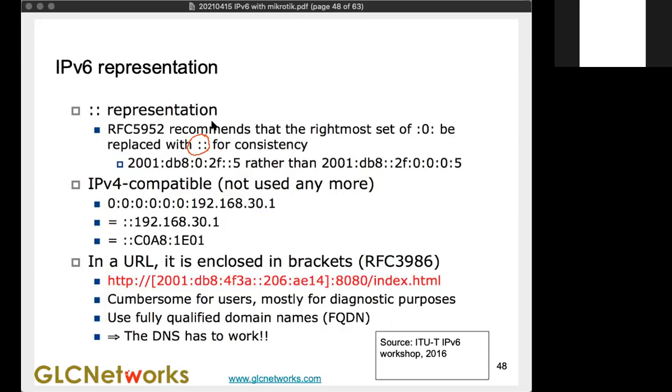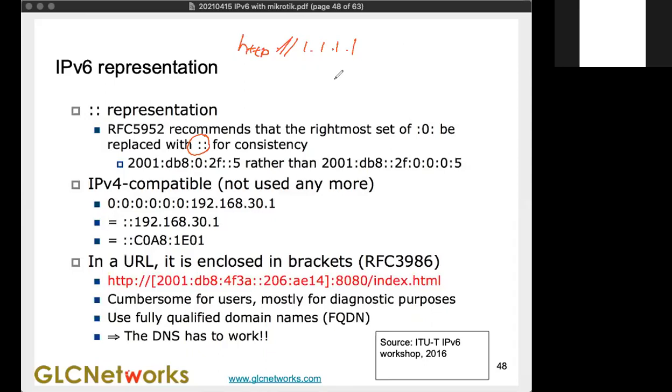For example, in the URL, if you are accessing an IPv6 address, what you access is usually HTTP, right? HTTP colon slash slash 1.1.1.1, this is IPv4.